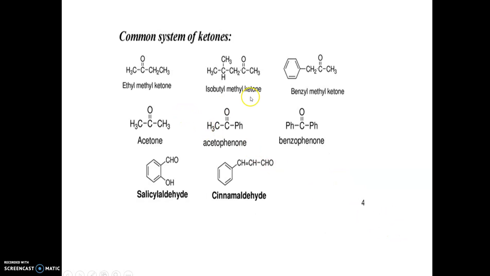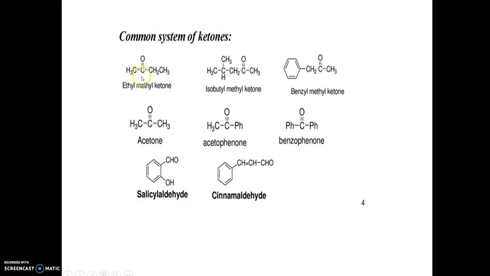Coming to the next, the ketones also have a general or trivial nomenclature, where we just look at the alkyl and aryl groups, arrange them in alphabetical order, and just add the suffix ketone. For example, here we have two alkyl groups.